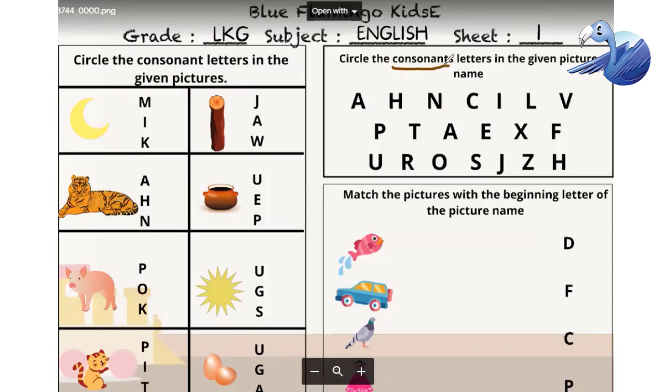So you just have to keep in mind only the 5 vowels, A, E, I, O, U. Except these letters, the rest of the letters are known as consonants. Repeat with me, everyone.